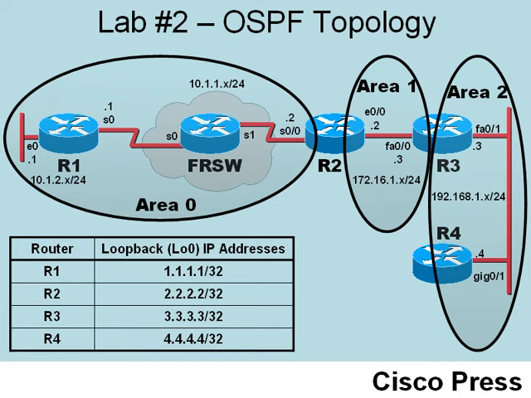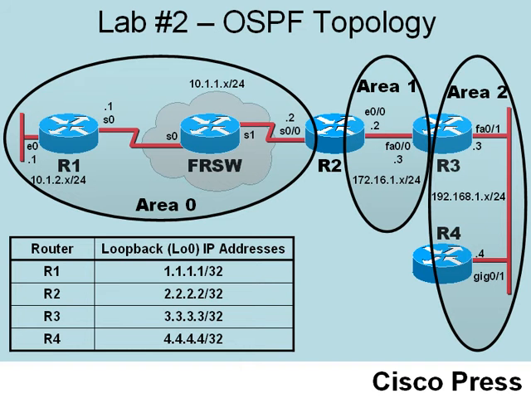And we don't have an issue with area 1. R2 touches both area 0 and area 1. However, area 2 is not adjacent. Area 2 is not touching area 0. That is a problem. That is the reason that we are having an issue learning OSPF routes on router R4.